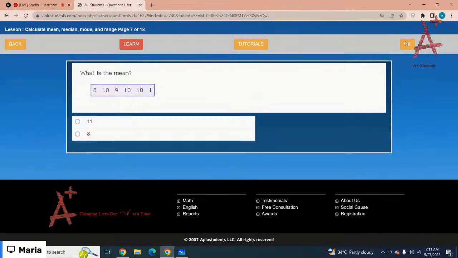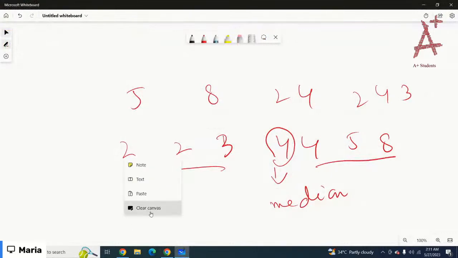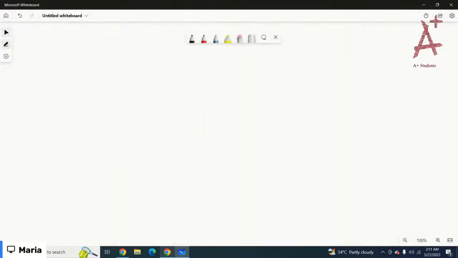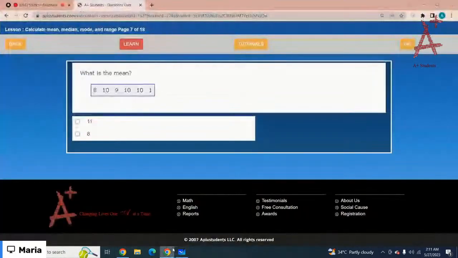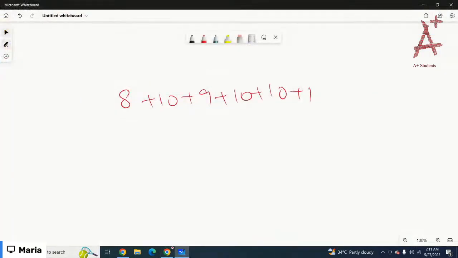What is the mean? 8, 10, 9, 10, 10, 1. So for the mean, what do you have to do? You have to add them all. 8, 10, 9, 10, 30, 39, 40, and 48. 1, 2, 3, 4, 5, 6.